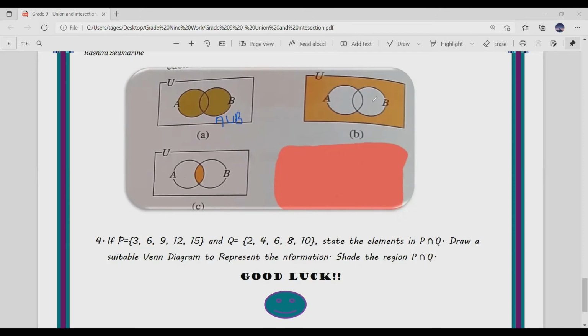For B, everything that is outside is shaded.